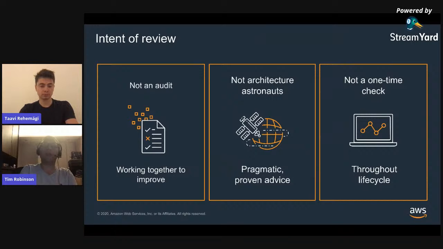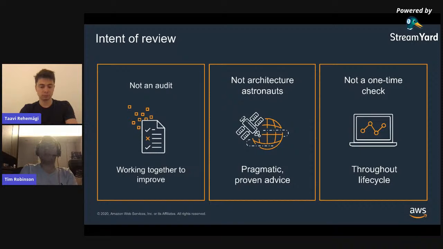We're not aligned to any regulatory body. We're not aligned to auditors. We don't feed data back to any third party, anything like that. We're really working with the customer to improve their posture and to suggest areas where they should focus in the future. The second point I'm very passionate about is that we're not really architecture astronauts. What this really means is that we provide pragmatic, proven advice that we know works, and we really work to tailor that advice according to the customer's need.